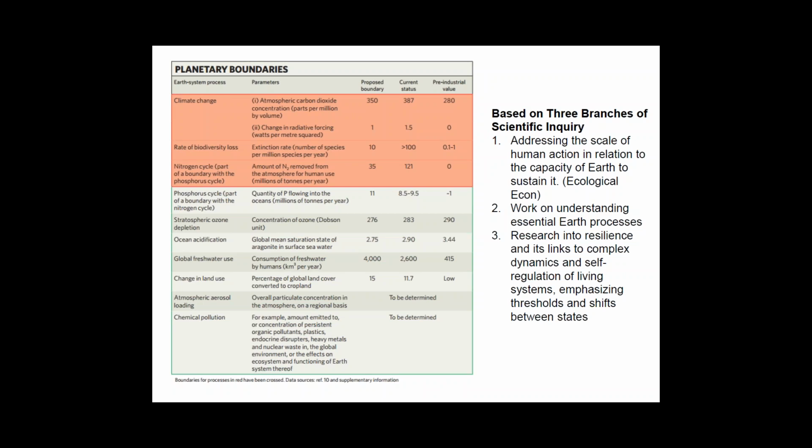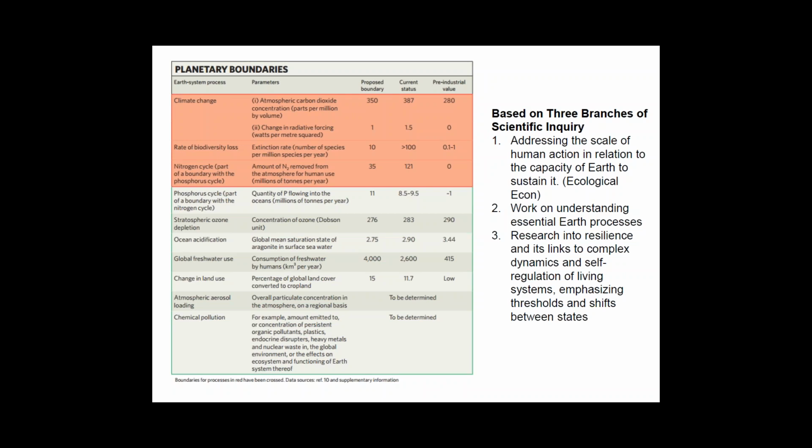The first one, climate change, they look at CO2 concentration in parts per million in the atmosphere. You've probably heard about the proposed boundary of 350 parts per million. There's a group, I think it's 350.org, that advocates that's the number that we can't cross.